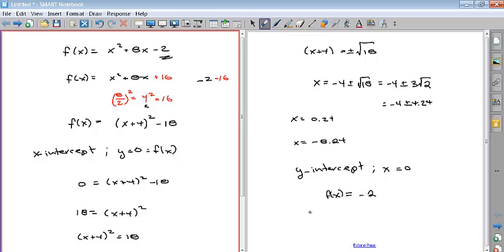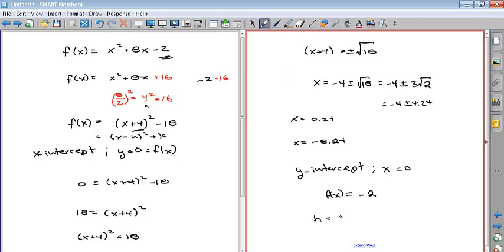Okay, what else do we need to do here? Vertex. Remember from standard form, you have x minus h squared plus k. So based on that, h, which would be the x-coordinate of the vertex, is going to be negative 4, and k is going to be negative 18.